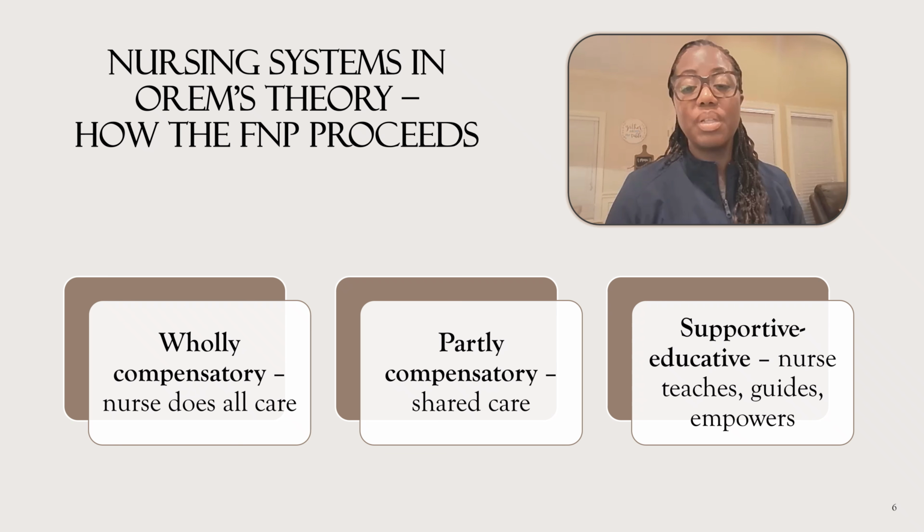Next is the partially compensatory system, where care is shared between the nurse and the patient, such as during short-term recovery or home health situations. Finally, the supportive education system, where the nurse teaches, guides, and empowers the patient to manage their own care. The ultimate goal is always to move patients toward independence whenever possible.